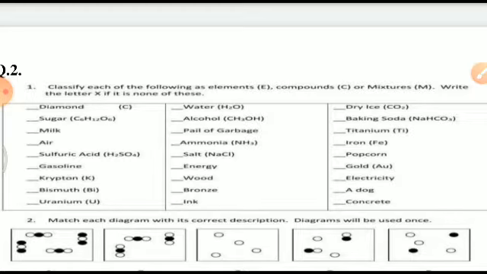Then dry ice is again a compound, sugar is a compound, alcohol is a compound, baking soda, right? Now milk is a compound, you cannot separate anything out. Pail of garbage is a mixture, lot of things are there which we can physically take off. So use your brain here.